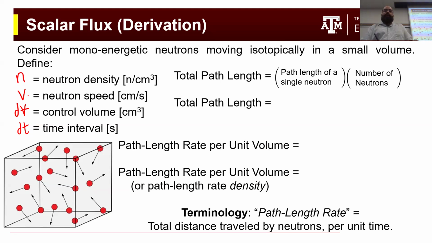So with these quantities, what things would I multiply together to get the path length made just by one neutron? Path length meaning just like the distance or like the displacement that a neutron has in that time interval dt.